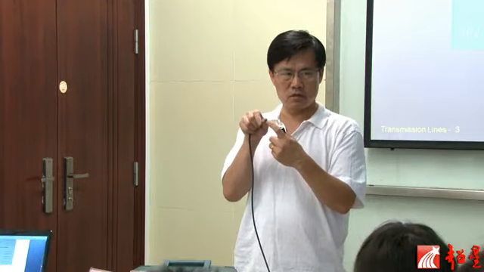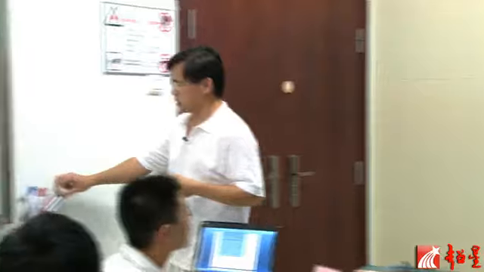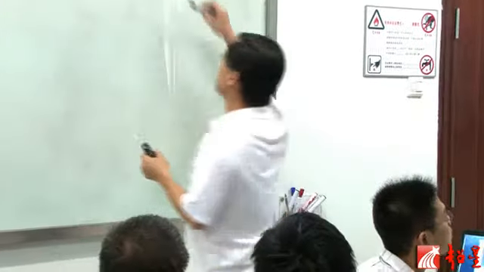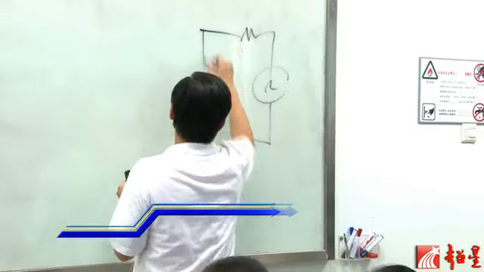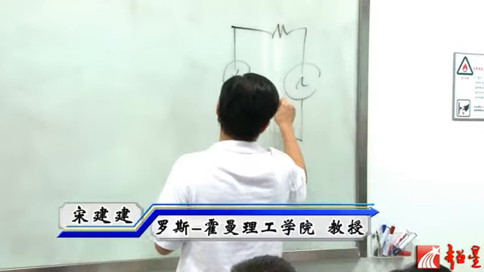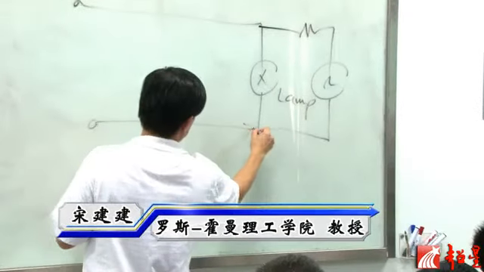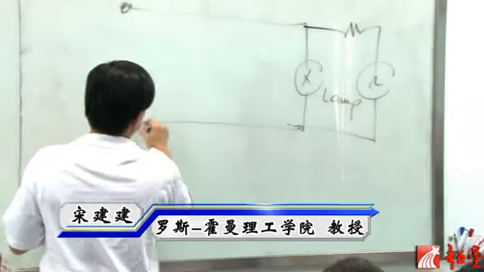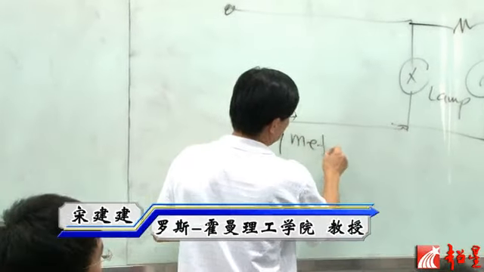What if I made a short circuit here? I'm going to short circuit this part. If you look at my circuit so far, I have a source here, I have my light bulb here, the lamp is here. I have a line, which is this. It's about 1 meter long.